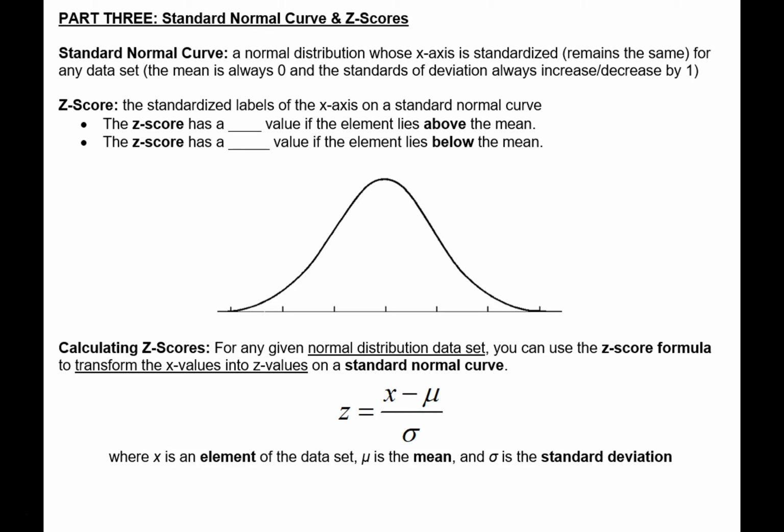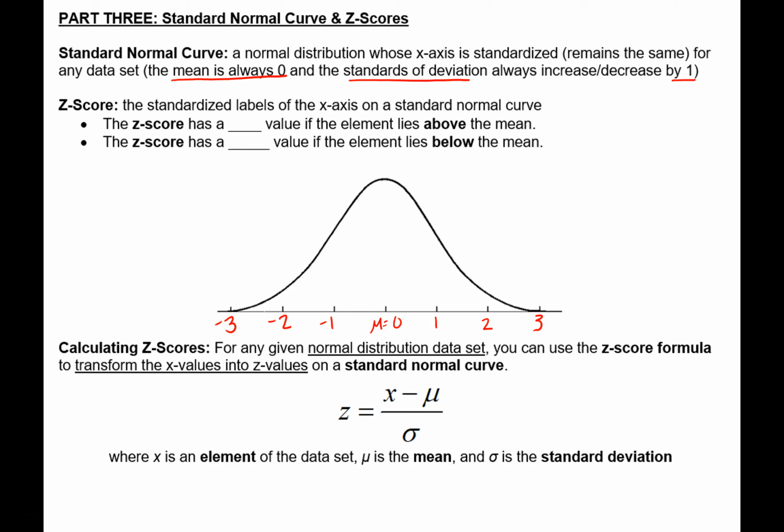It's going to remain the same no matter what data set or what problem I'm looking at. The mean is always going to be 0, and the standard deviation is always going to be 1. So on this normal distribution that I've given you, the mean is going to be 0, and then I'm always going to use counting by 1 to get the rest of the x-axis with that standard deviation.